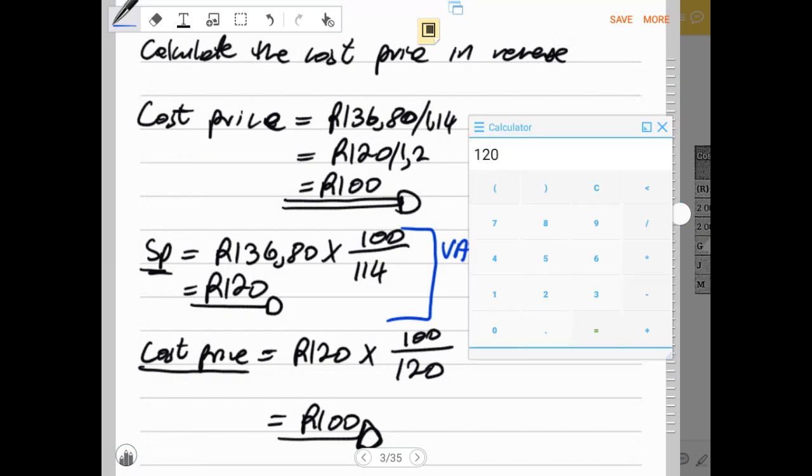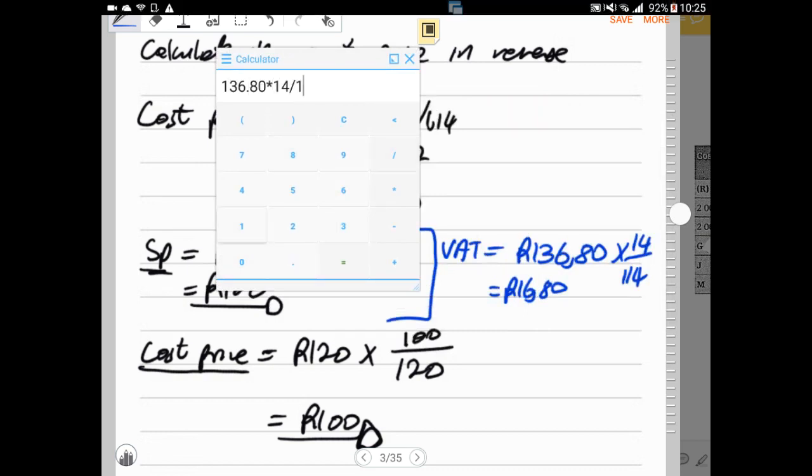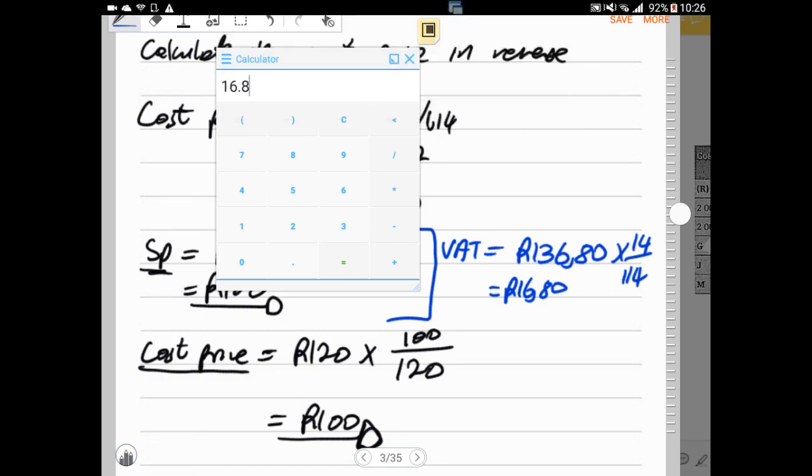This is 136.80 times by 14 divided by 114, which gives us 16 rand 80 cents. This is how we calculate this VAT amount.